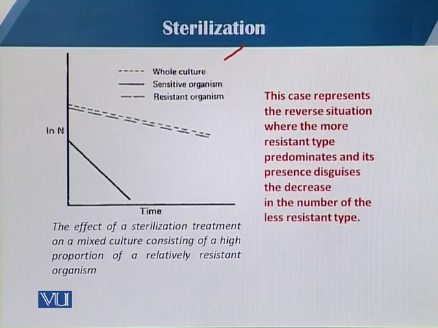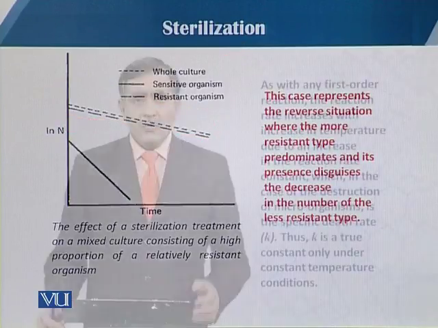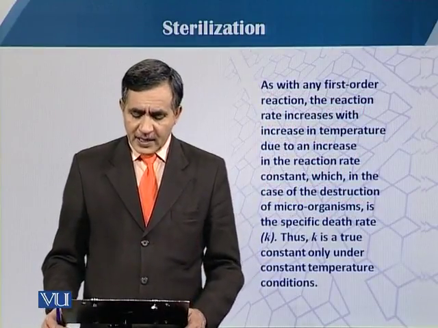As concerned the resistant organisms, you can see here what the status is. When most of the contaminants are resistant, then this kind of relationship we can see after the heat treatment.